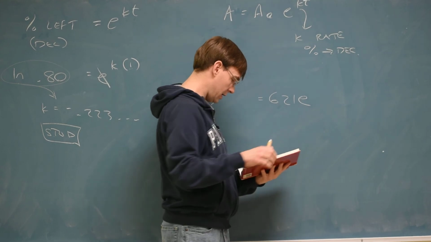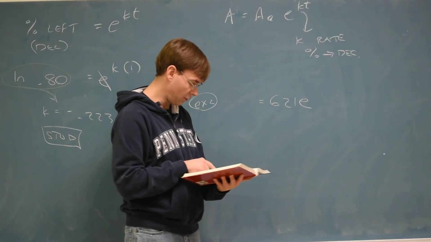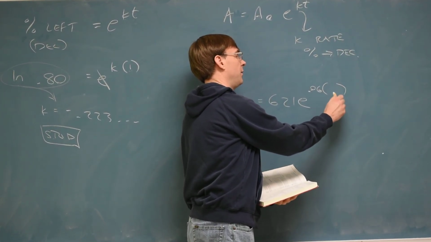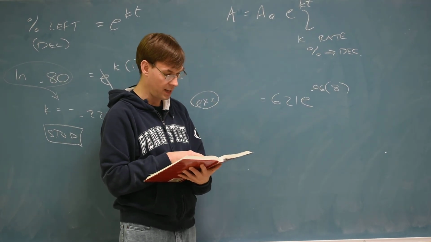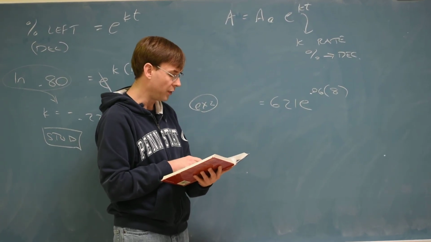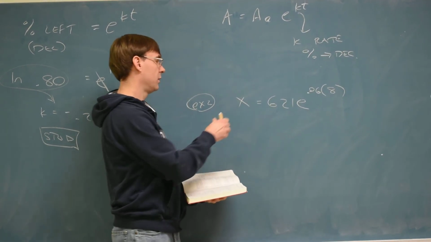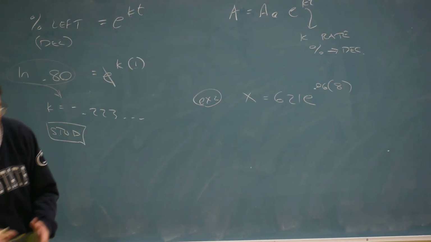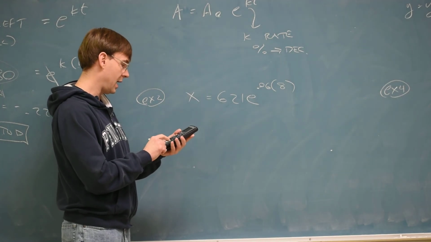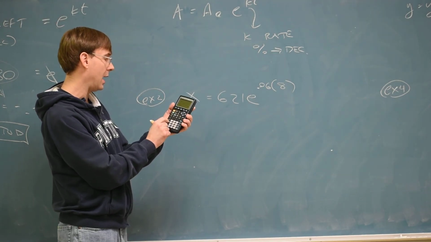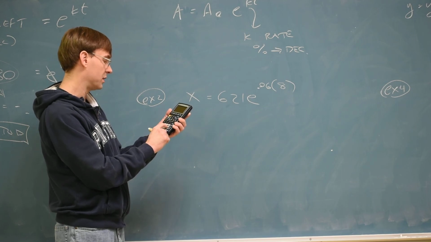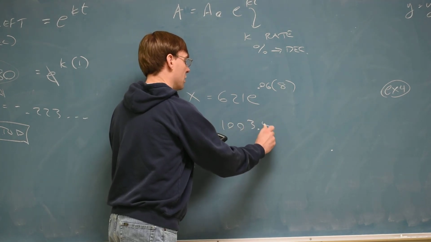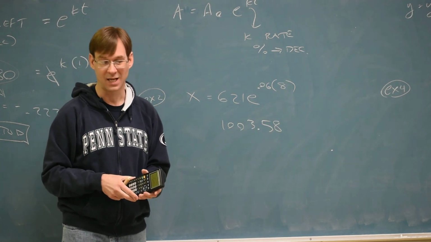We have e, and an interest rate of 6%, so it's 0.06, and a time of 8 years. We put the money in for 8 years and let it go. What they want to know is how much money later. The variable is already isolated, so you just punch it in: 621 times e, which is second ln, to the power of 0.06 times 8, and you get $1,003.58.